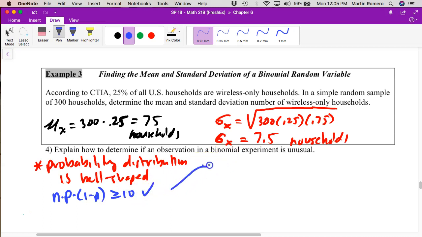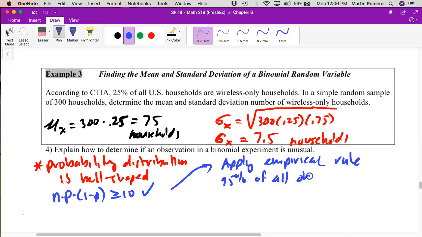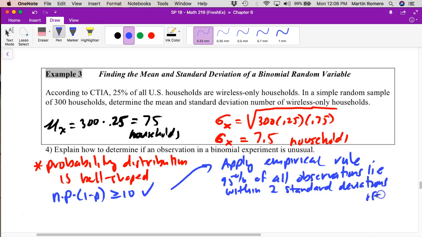If that's the case, then we can apply the empirical rule, which says that 95% of all observations lie within 2 standard deviations of the mean, which you guys know already.